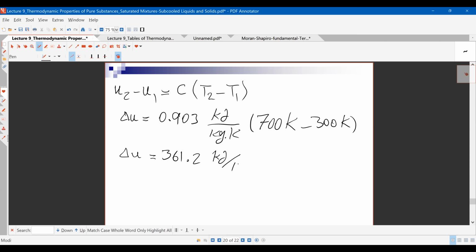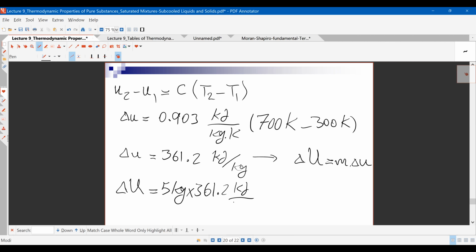kilojoules per kilogram. I'm looking for the total change in the internal energy, and we know that capital delta U equals m times lowercase delta u. So capital delta U equals 5 kilograms times 361.2 kilojoules per kilogram, and this equals 1806 kilojoules.